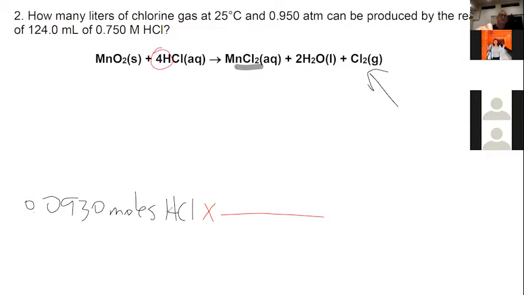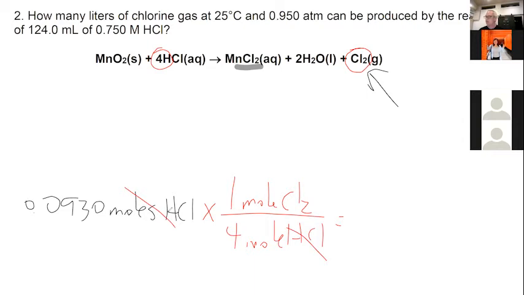So it's 4 to 1. For every 4 moles of HCl, you only make 1 mole of chlorine gas. We want to solve for chlorine gas, so we put that on the top. The moles of HCl cancel, and it gives us chlorine gas. So how many moles of chlorine gas do we have?